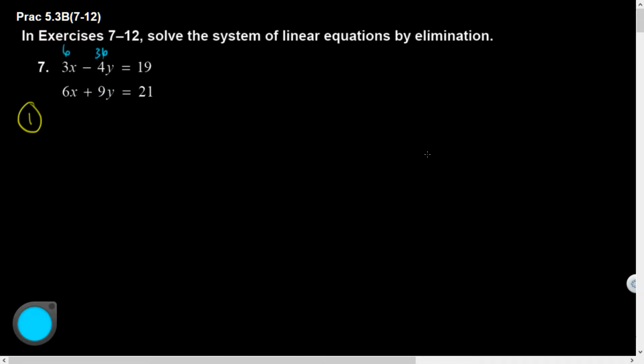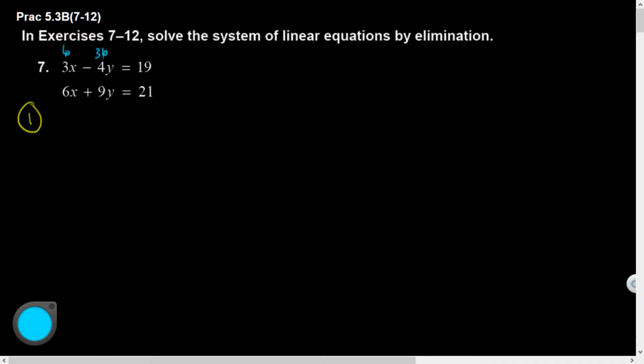So step 1 of the elimination method, Ethan, you might recall, was multiply one or both of the equations by a number, they use the word constant, in order to get opposite coefficients for one of your variables. Which number do you like better, 6 or 36?